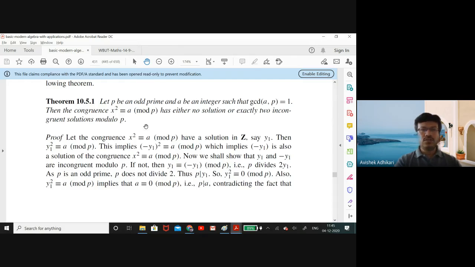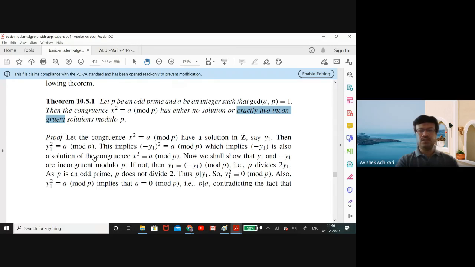Okay, so that's why I have started with the argument that let the congruence have a solution in Z. What will be our target? We'll show that there will be exactly two solutions, and these two solutions are incongruent. So let us start. Suppose this is a solution, say y1. Then I must have y1 square congruent to a modulo p.